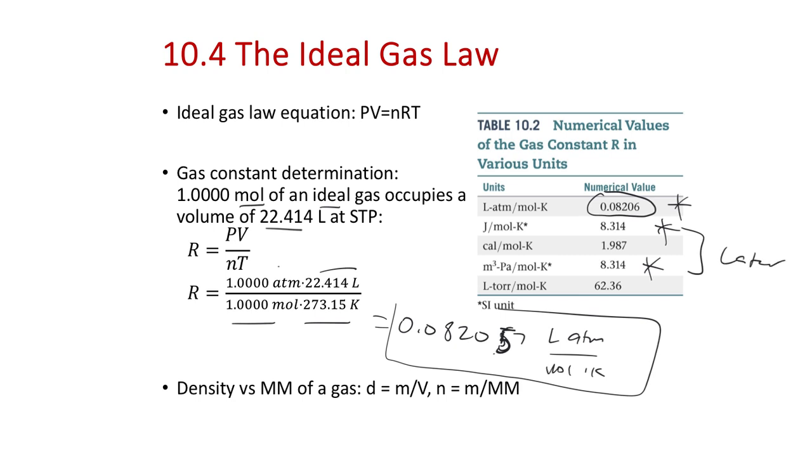But if we want to convert to other units, usually we just convert the pressure. Like the torr, if you imagine that this would be 760 torr, we can convert 1 atm to 760 and rederive a gas constant in liter torr per mole Kelvin, but we probably wouldn't need this number here.